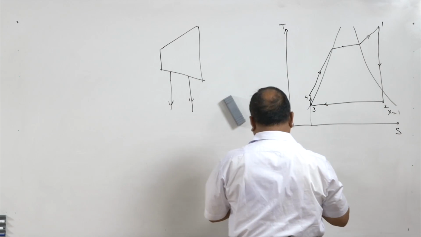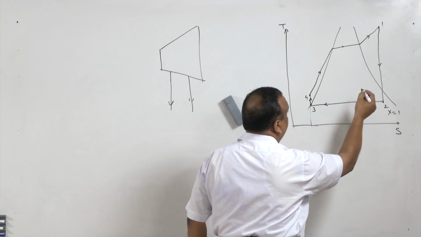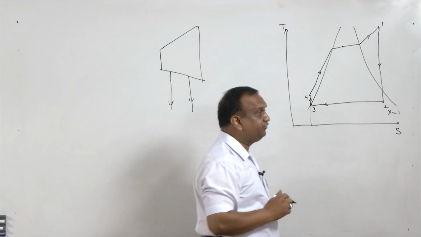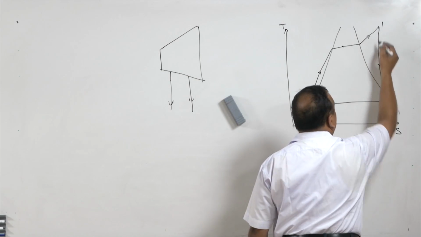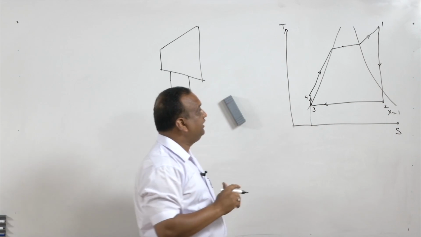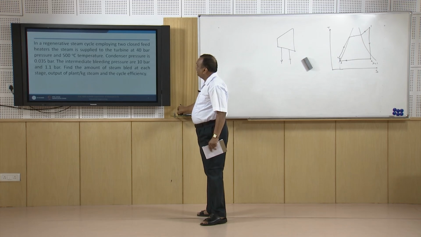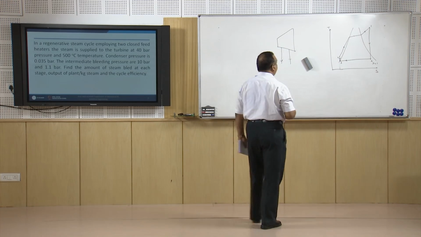Now here steam is being tapped, because during this process 1 to 2 the expansion of steam is taking place, and steam is tapped at 2 points as stated here, at 10 bar pressure and 1.1 bar pressure.